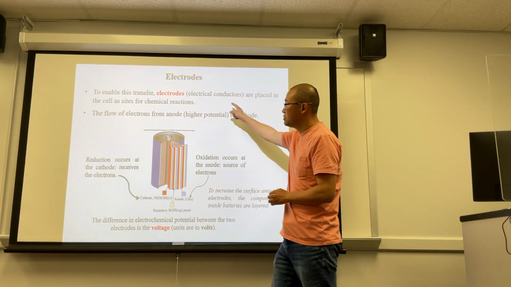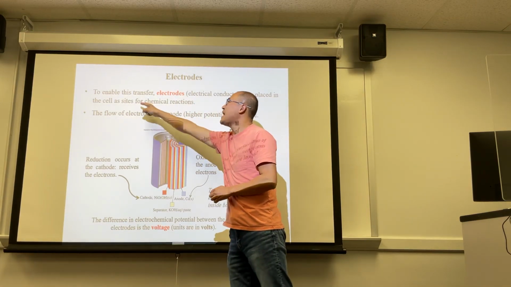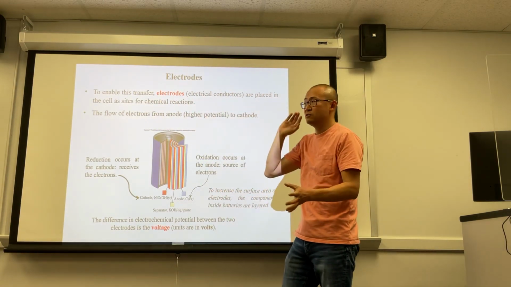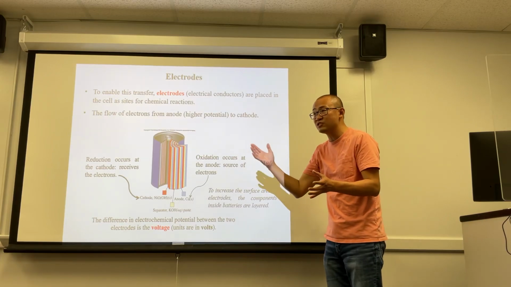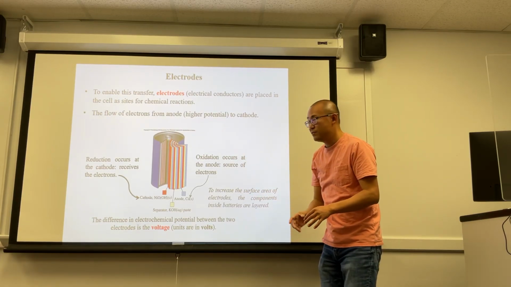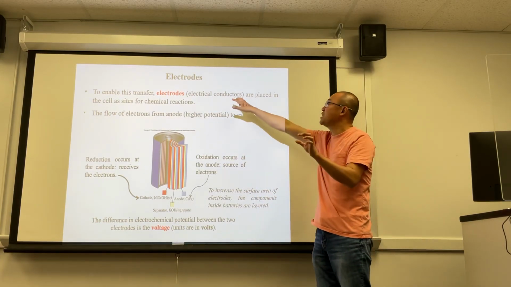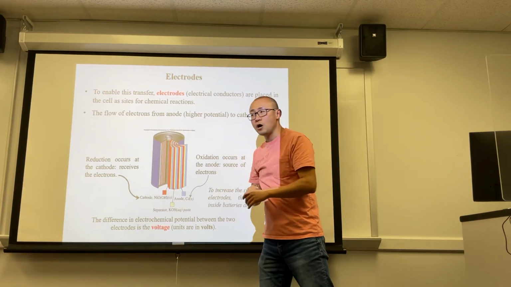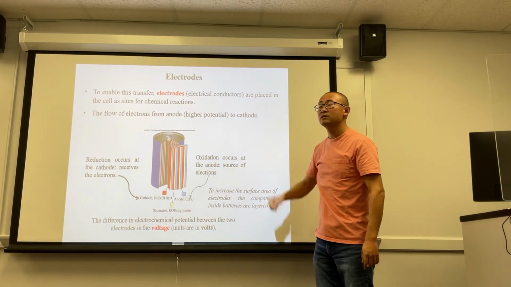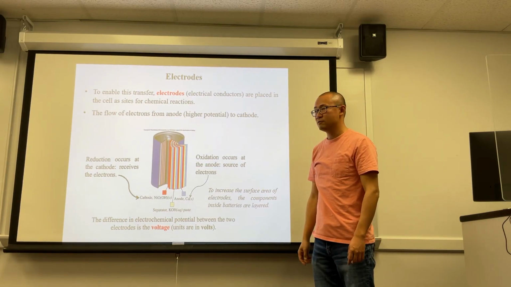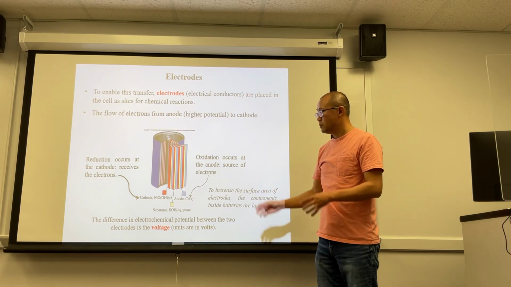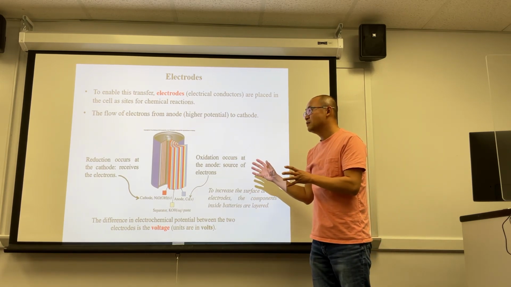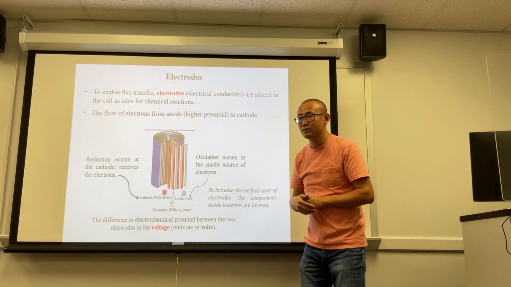The conductors are the sites for the half reactions. Sites means where the reactions are actually happening. These chemicals have to be placed on conductors, and those conductors are called electrodes.